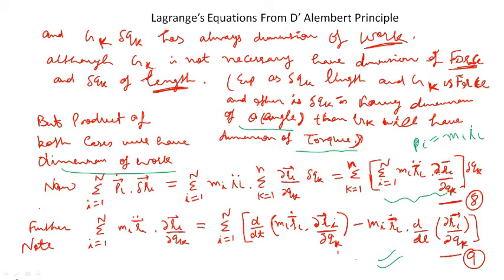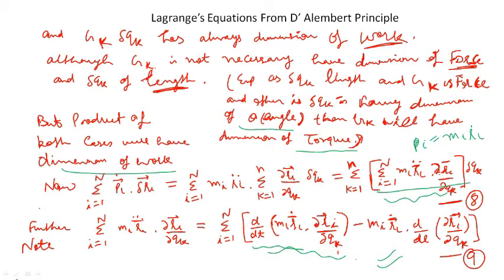Let us differentiate the term mi ri dot into del ri over del qk with respect to time. So to find the value of this term, we will start from here, and it is d over dt of mi ri dot into del ri over del qk.